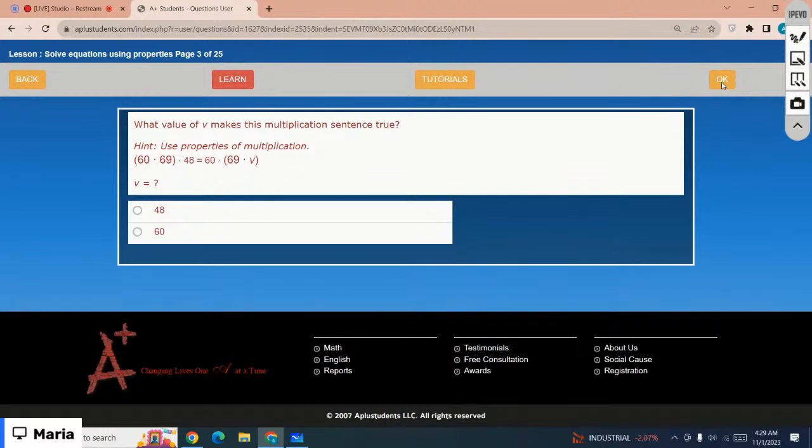So the missing number is, on both sides the number must be the same, right? So that means the missing number is 48. The correct option is 48.